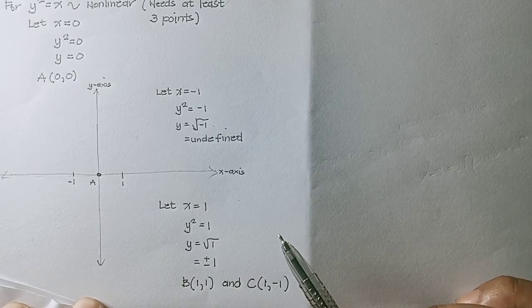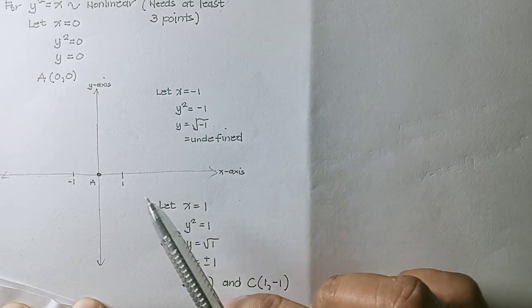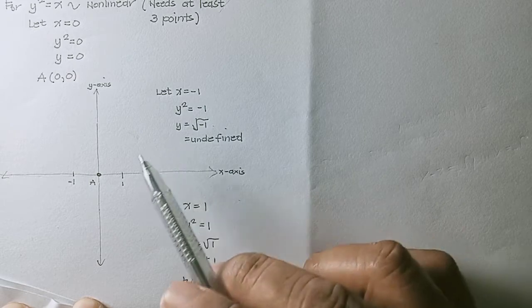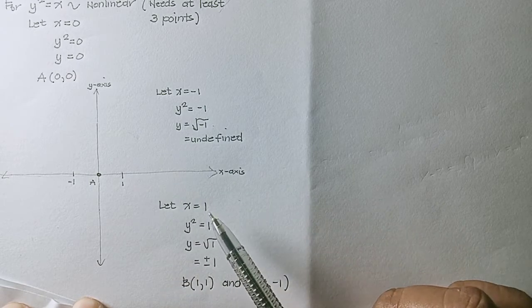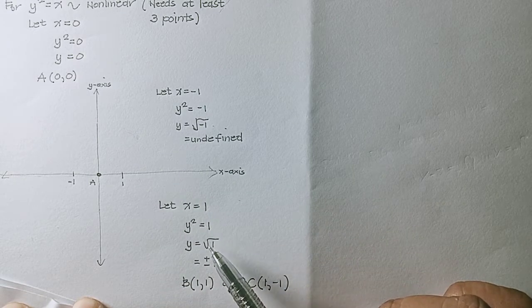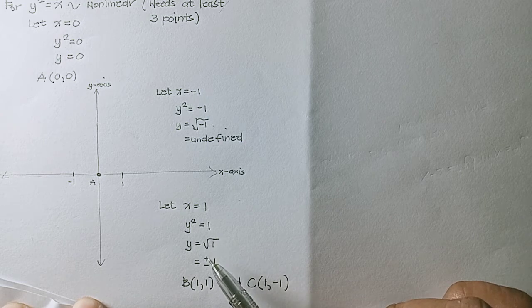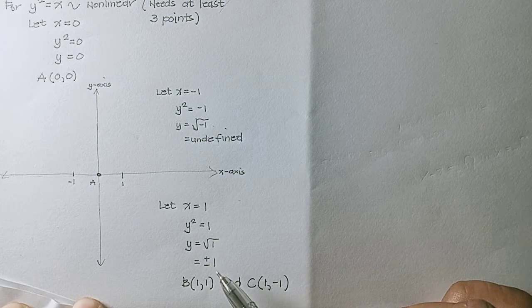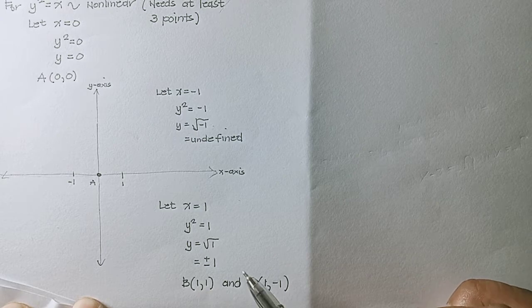Okay, let's try the region here, wherein our x is positive, say 1, and we will find out that the square root of 1, of course, will have two values. One is positive, the other one is negative. Thus we will come up with 2 points. Actually, when x is 1, y is 1, and when x is 1, y is -1.